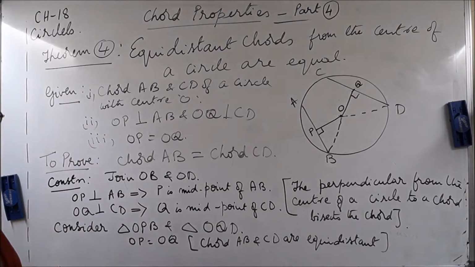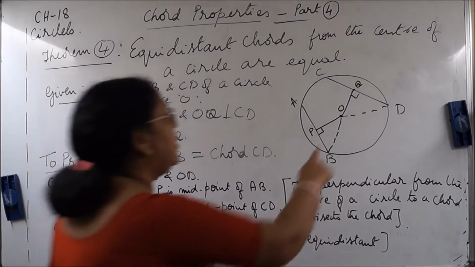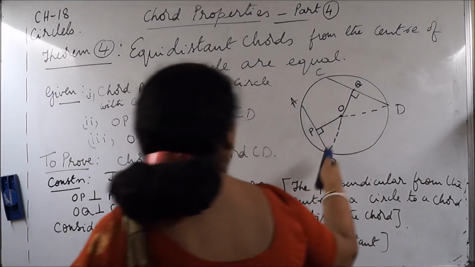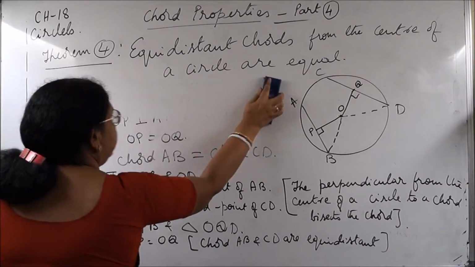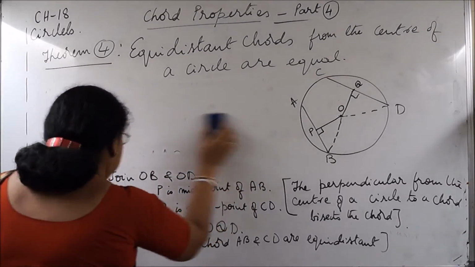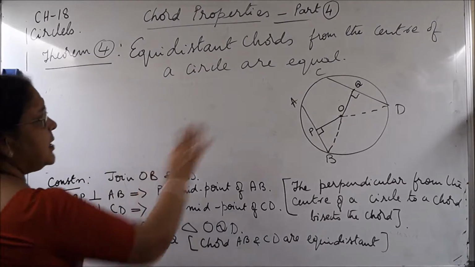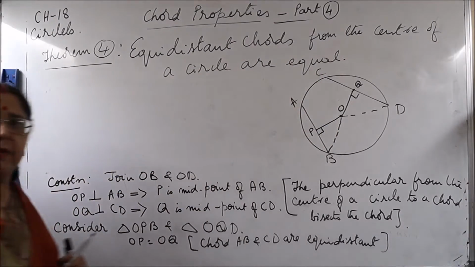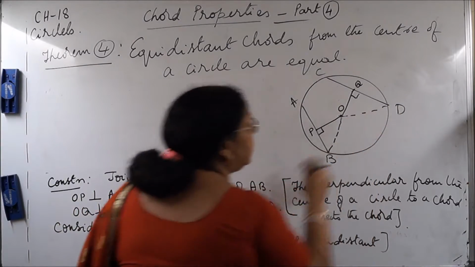Now the next thing we have, we already know that OB is equal to OD, that is the radii of the circle. Here we have already proved OP is equal to OQ. Now the second thing that we know is OB is equal to OD.